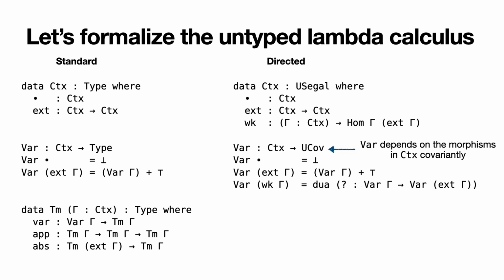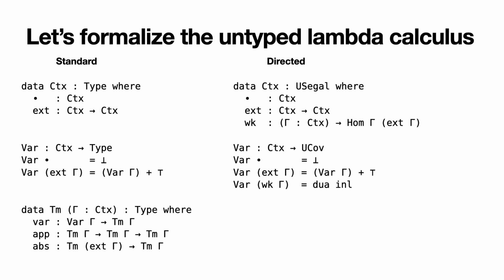And because we're in this universe, we can use directed univalence. When we do that, instead of providing a morphism from Var gamma to Var x gamma, we instead get to provide a function. What function do we use? Well, the obvious choice is inl, the one that includes the variables from gamma into the variables from x gamma.